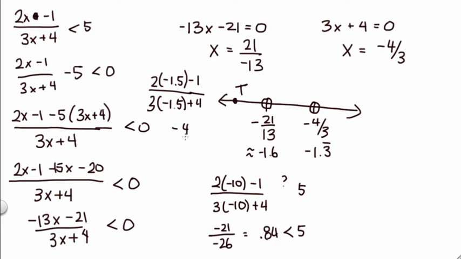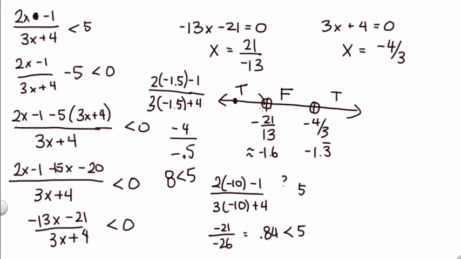And then 1.5 times 3, so this will be negative 4.5 plus 4, which is negative 0.5. So negative 4 divided by negative 0.5 is going to be 8, and 8 is not less than 5, so this is a false part. And then up here, I can just plug in 0, right? So negative 1/4 is less than 5, so this is true.